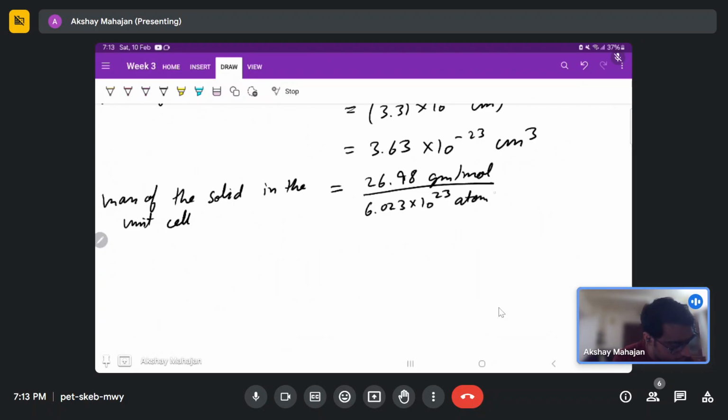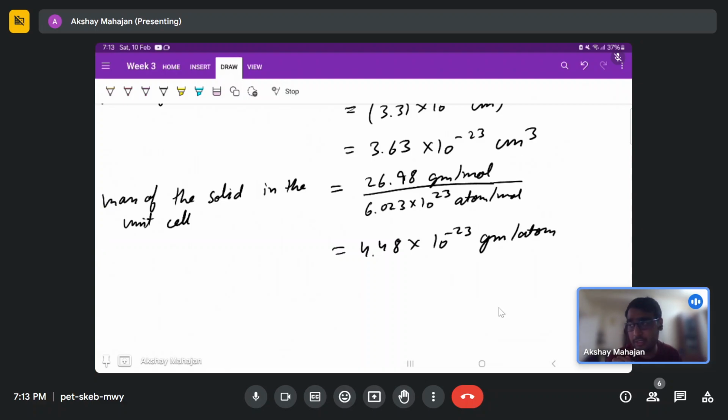Per mole of atoms the mass is this, so we will just divide it by Avogadro number, and we will get 4.48 into 10 to the power minus 23 grams per atom.